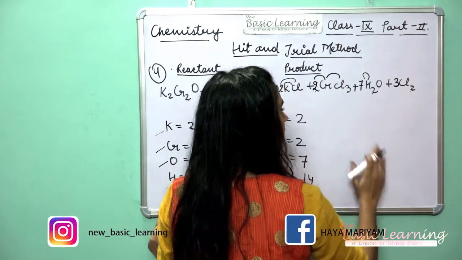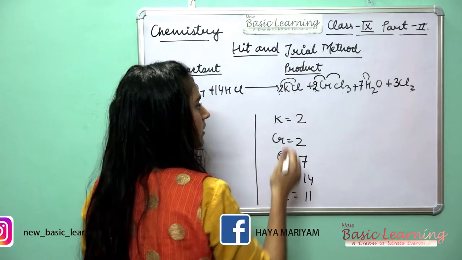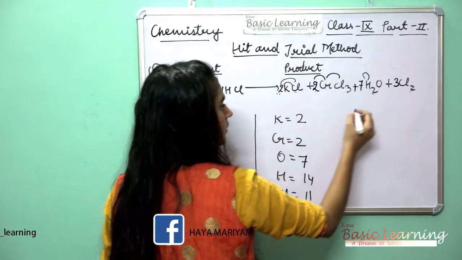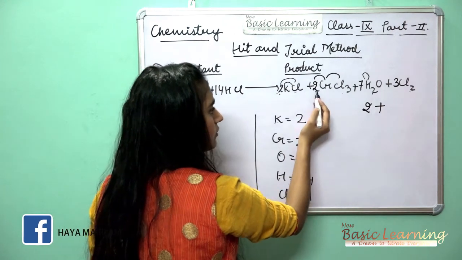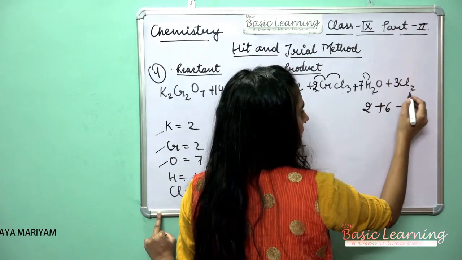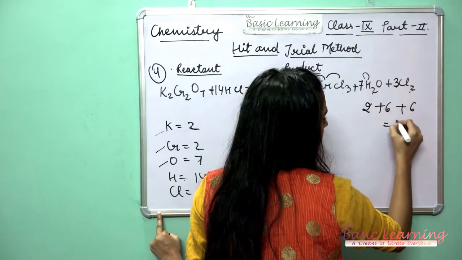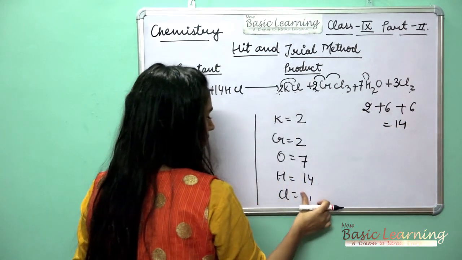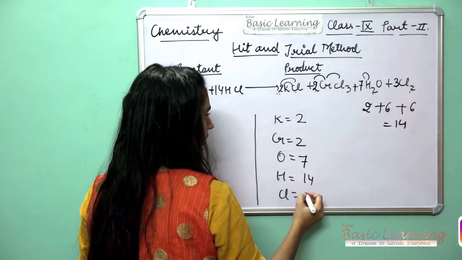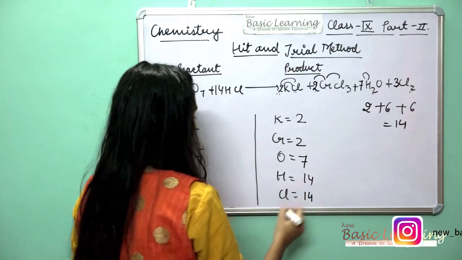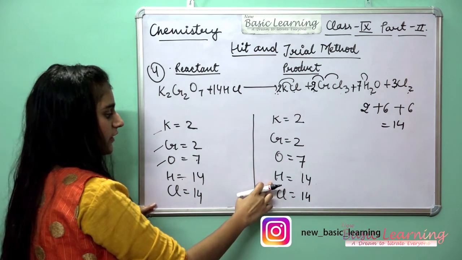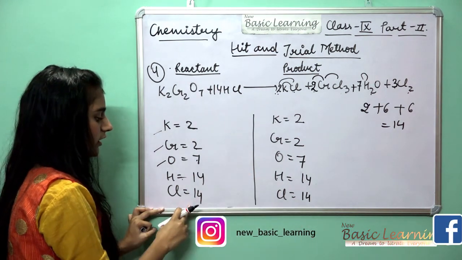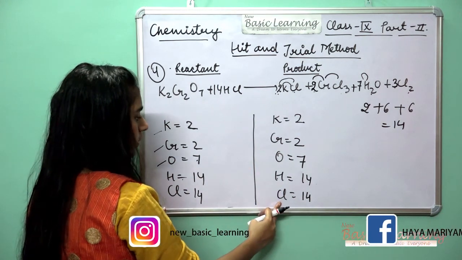So now the total of chlorine will be 2 plus 3 2s are 6 plus 3 2s are 6, it gives 14. So what the number of chlorine will be? 14.